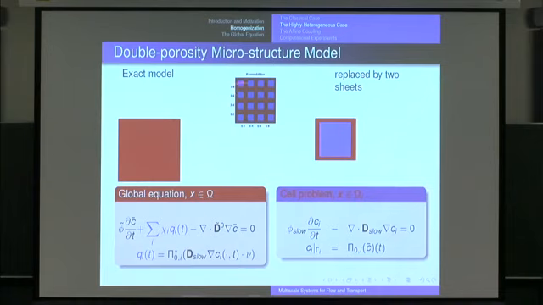There's your exact model, and you replace it with the solution of an obstacle problem, but it's coupled. At each point within there, you have a corresponding cell problem. So you have a family of these cell problems, one associated with each of those islands inside there, and that's your system.